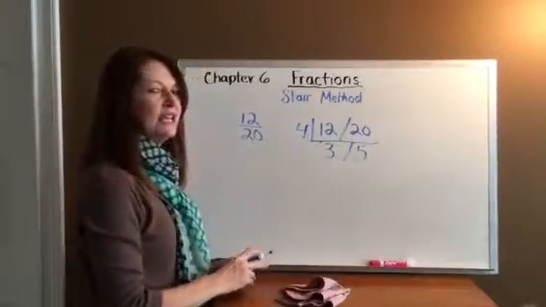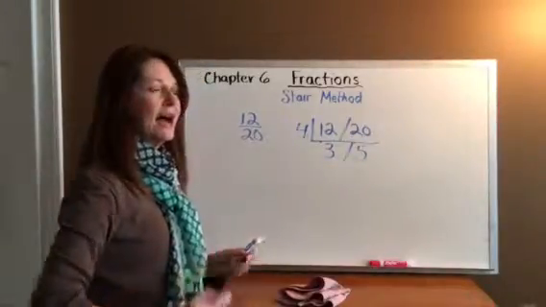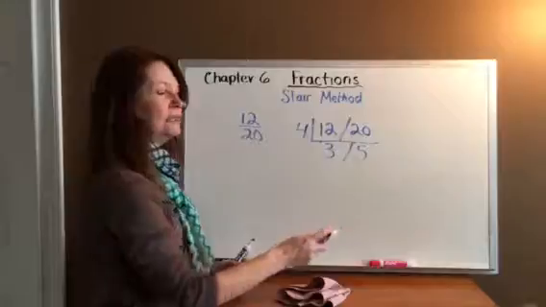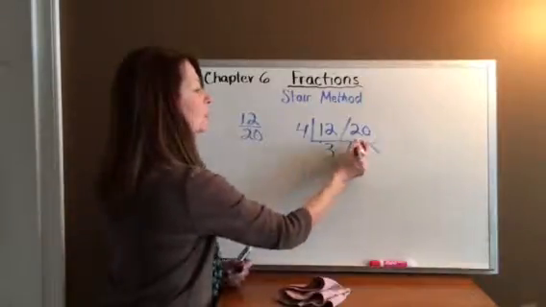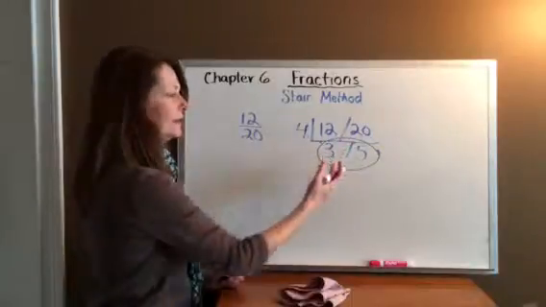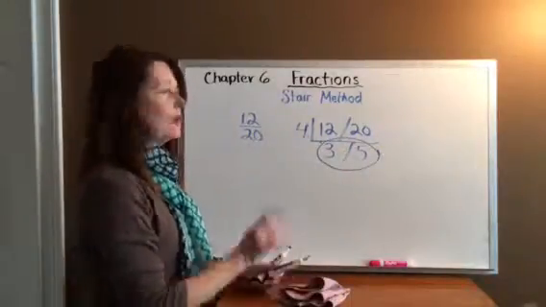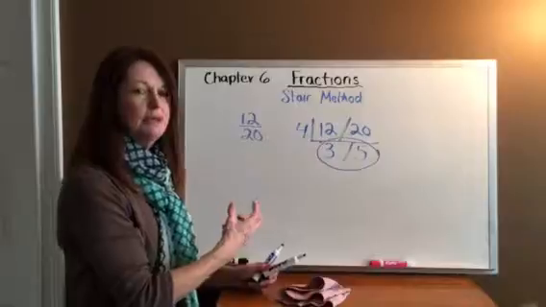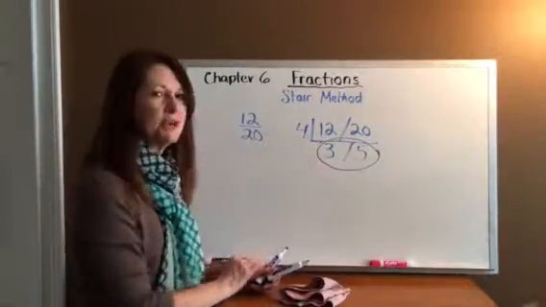Aha. So you see, the higher the factor that you can put in that they have in common, the more quickly you will get to your reduced fraction. And there it is. So anytime you have a fraction that you need to reduce, you can use the stair method.